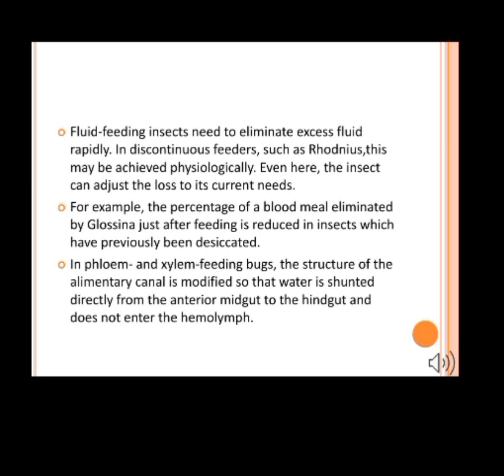And in phloem and xylem feeding bugs, the structure of the alimentary canal is modified such that instead of absorbing water into the hemolymph, it is directly diverted from the anterior midgut to the hindgut, so that excretion can take place very quickly without entering the hemolymph.